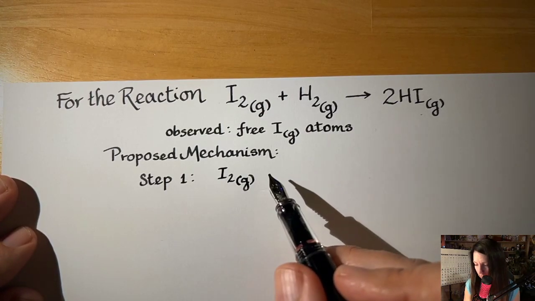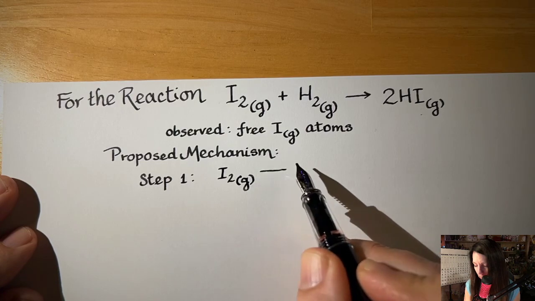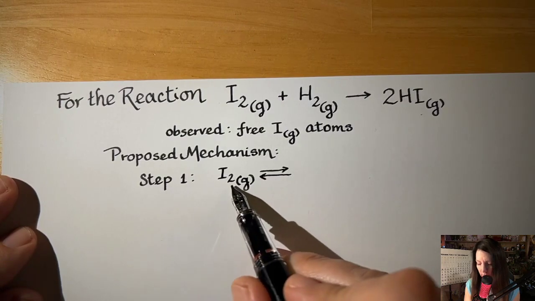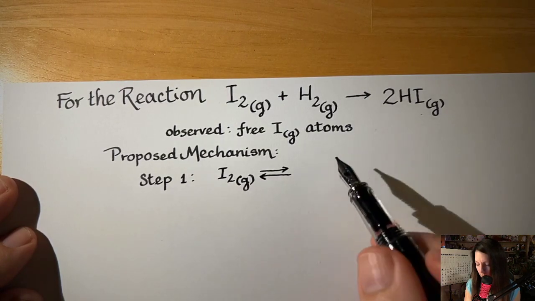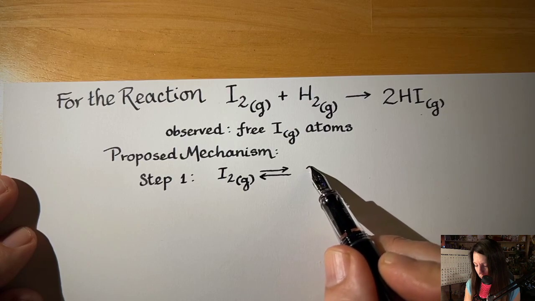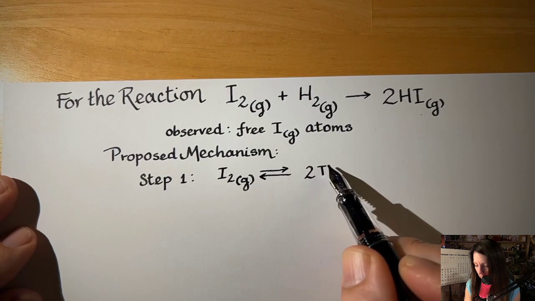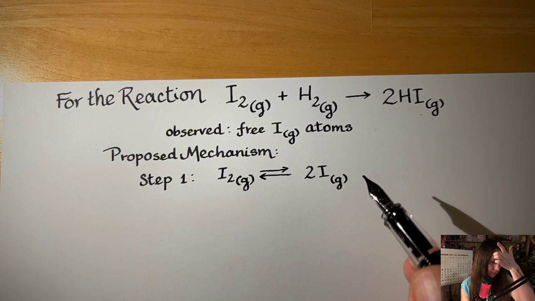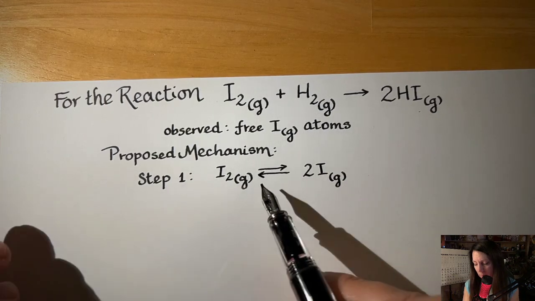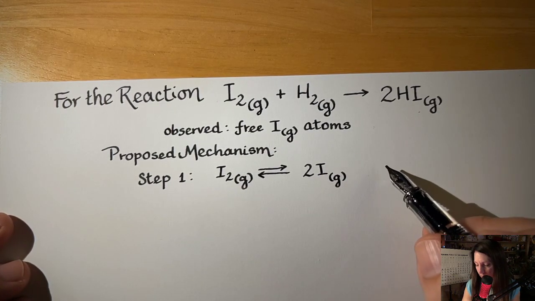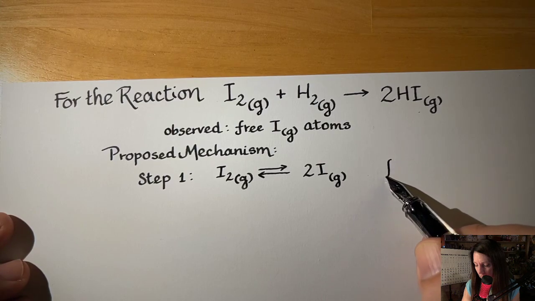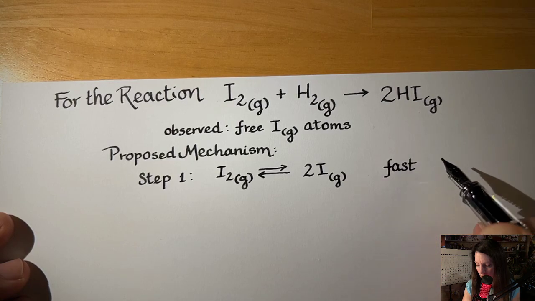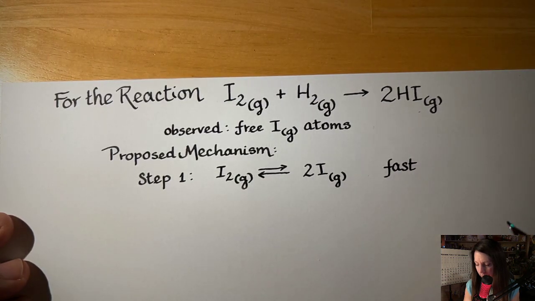And what can happen is there is a fast equilibrium that occurs, and this iodine molecule dissociates to give 2 iodine atoms separate from one another. And this equilibrium is quite fast.